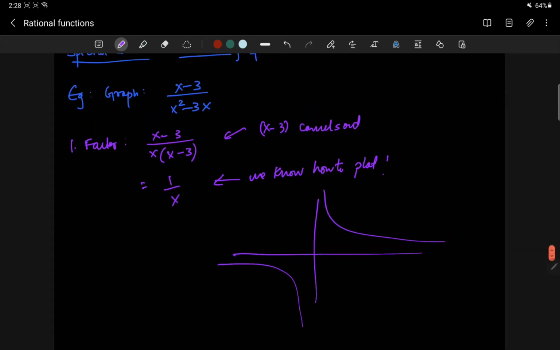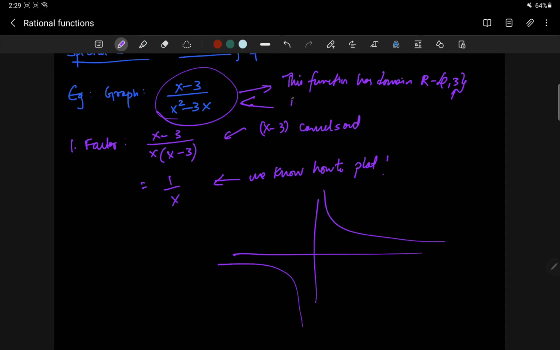However, we have to be careful here. This cancellation is oversimplifying certain things, right? Because the function that you're working with is actually x minus 3 over x squared minus 3x. It's not the cancelled version, right? So this function as it is has a domain of real numbers except 0 and 3, which means that for this particular function, the input cannot be 3.